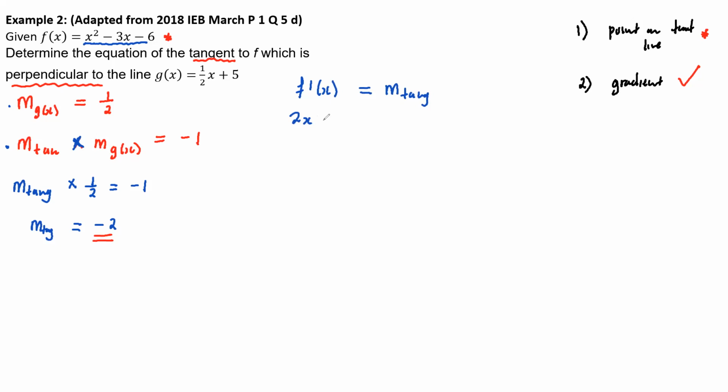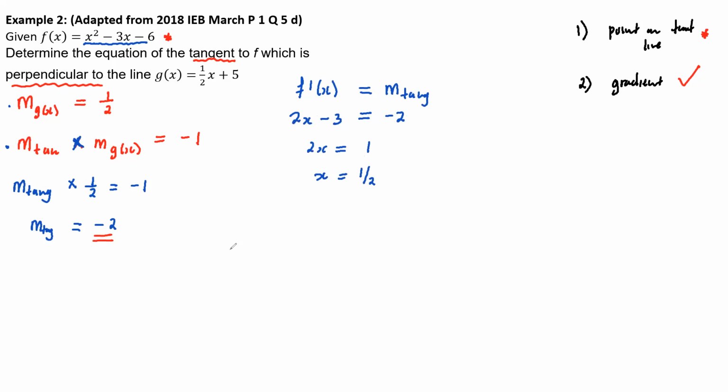Then deriving minus 3x is minus 3. Deriving minus 6 gives me 0. So this derivative, all of it, will be equal to the gradient of the tangent, which is negative 2. I can quickly solve for x. I took minus 3 to the other side. Eventually, x is a half. Now I've got the x coordinate of the point of contact.